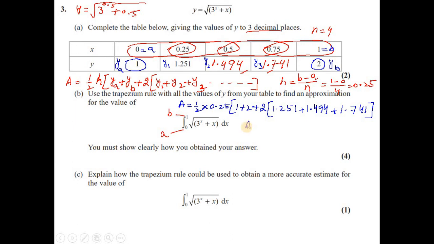A is equal to, 1 plus 2 is 3, so half of 0.25, that is 0.125. Inside the bracket you have 3 plus twice of 4.486.